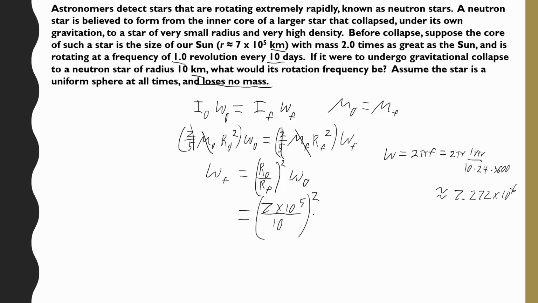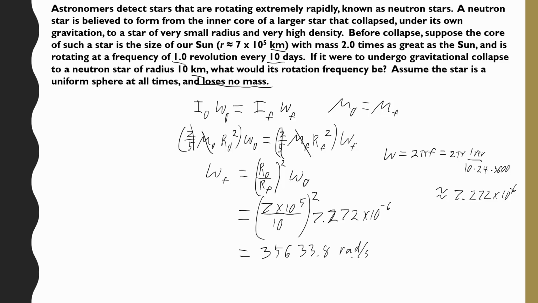So if we plug that in here for our initial angular velocity, 7.272 times 10 to the negative 6th, and throw all this stuff in there, we will get 35,633.8 radians per second.